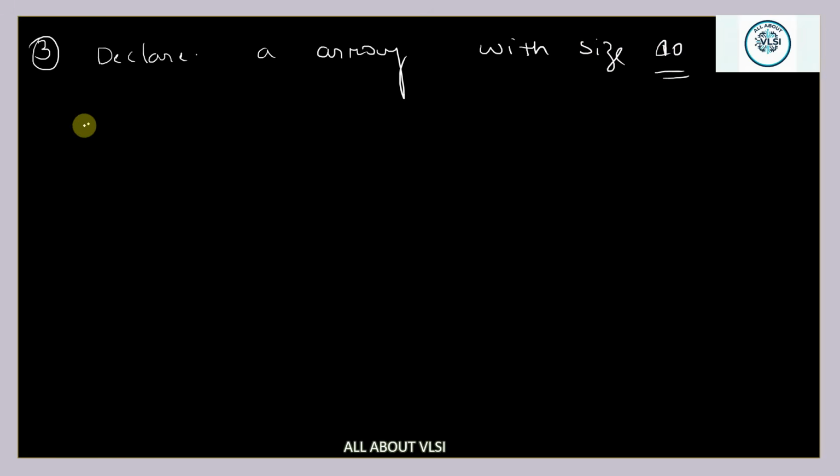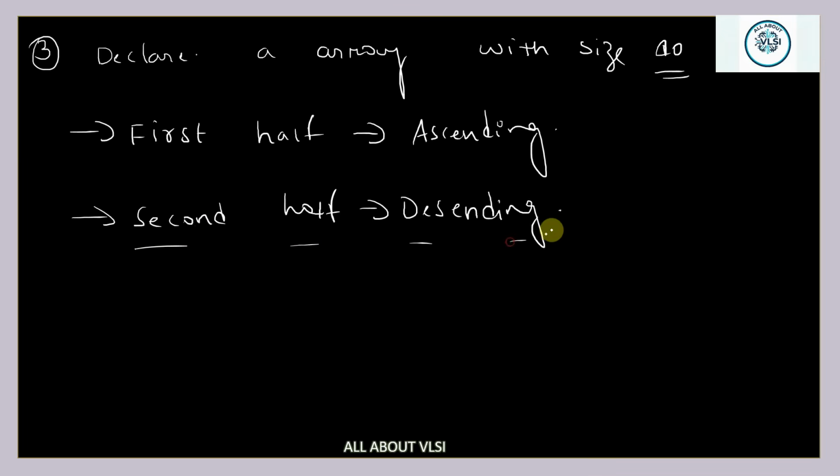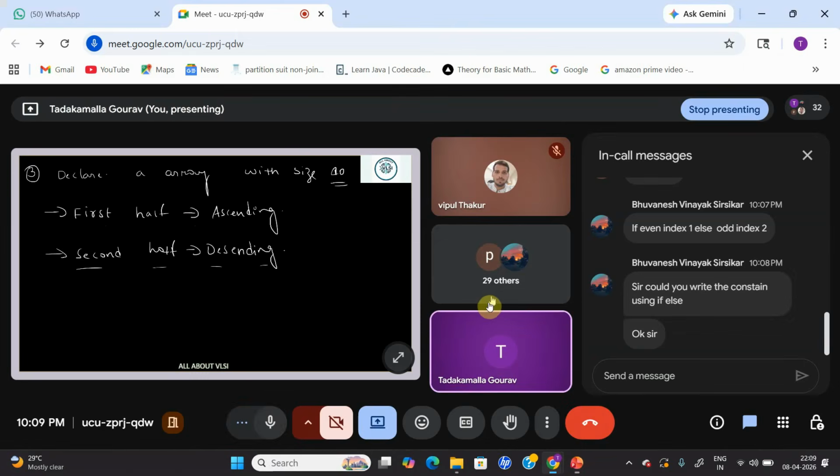But here, first half of the array should be in ascending order, and second half of the array should be in descending order. Try this one. Can anyone come up with any logic for this?